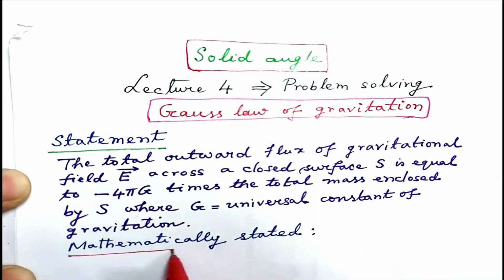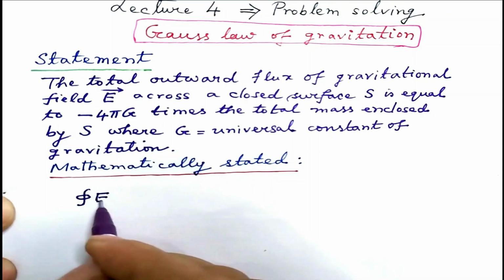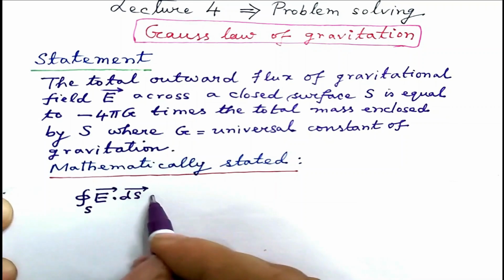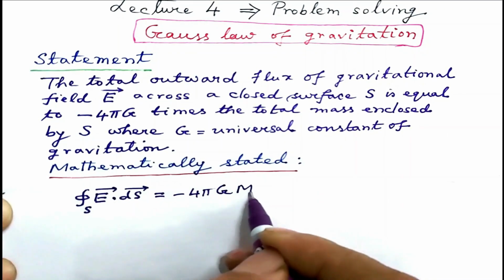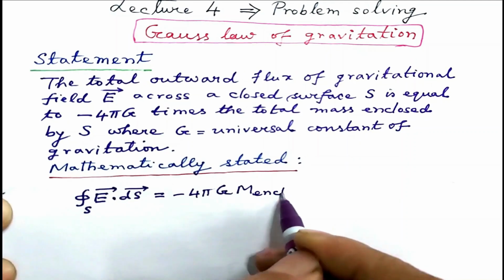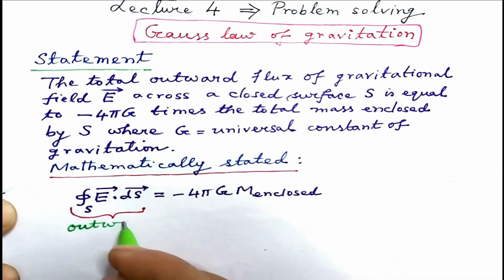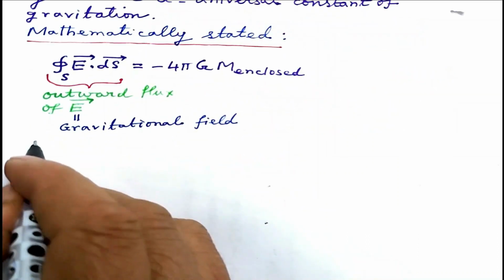Mathematically stated, we can put the law as closed surface integration of vector E dot vector ds, integration over S, equal to minus 4 pi G times the total mass enclosed by the closed surface S. This is actually the outward flux of vector E, where vector E represents the gravitational field.